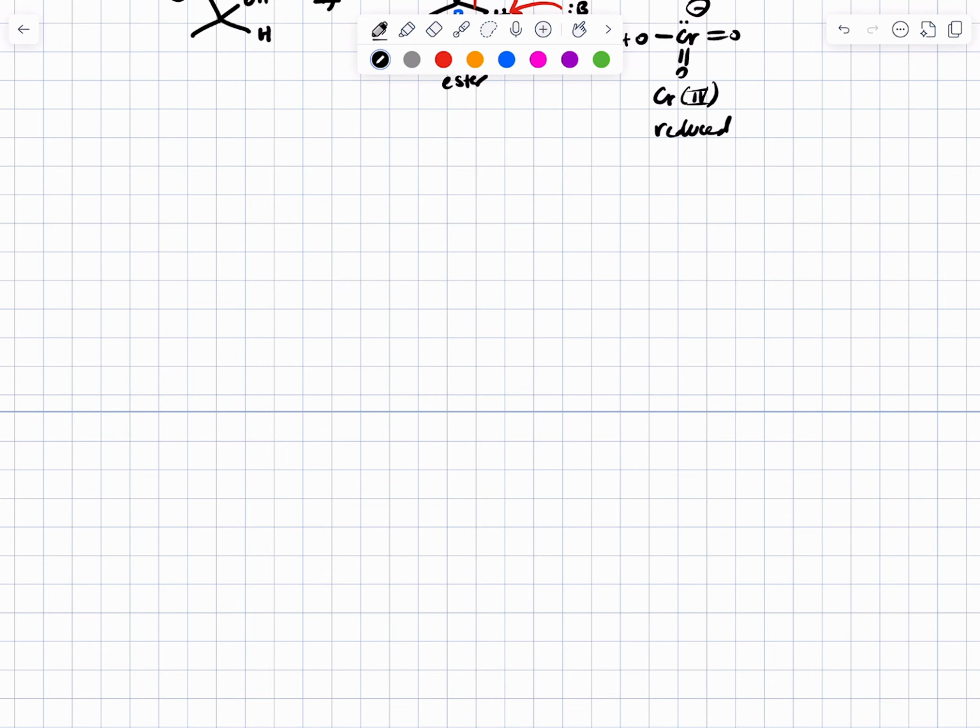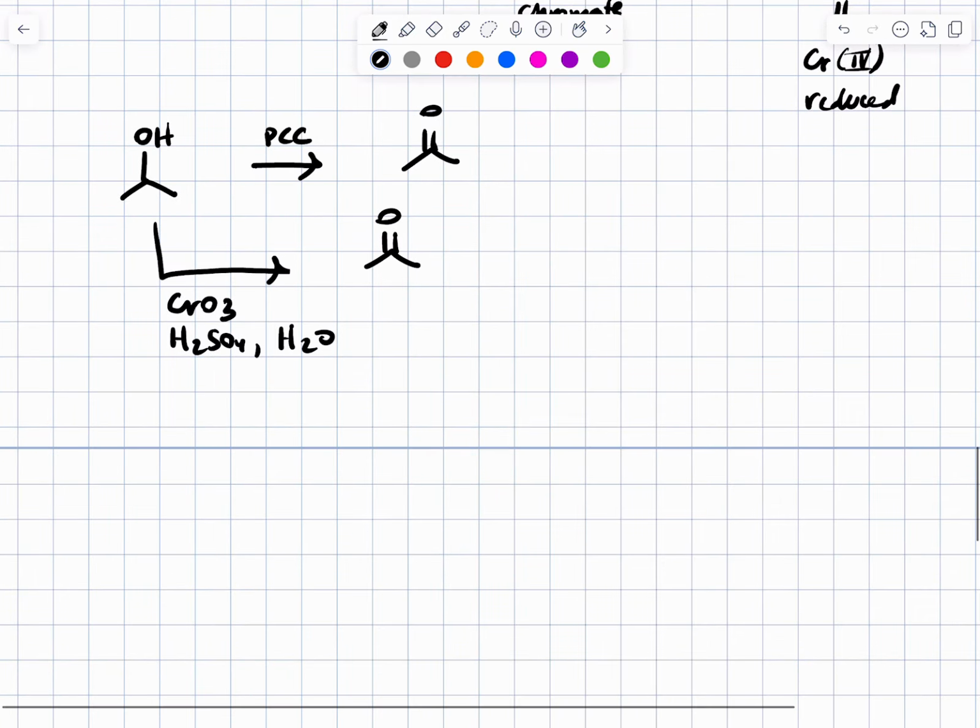Now, let's talk briefly about ketones. For ketones, either method, either PCC or the Jones oxidation, CrO3 and H2SO4 and water, either of these leads to the same ketone product. And there's no additional oxidation because there are no CH bonds now in the ketone.